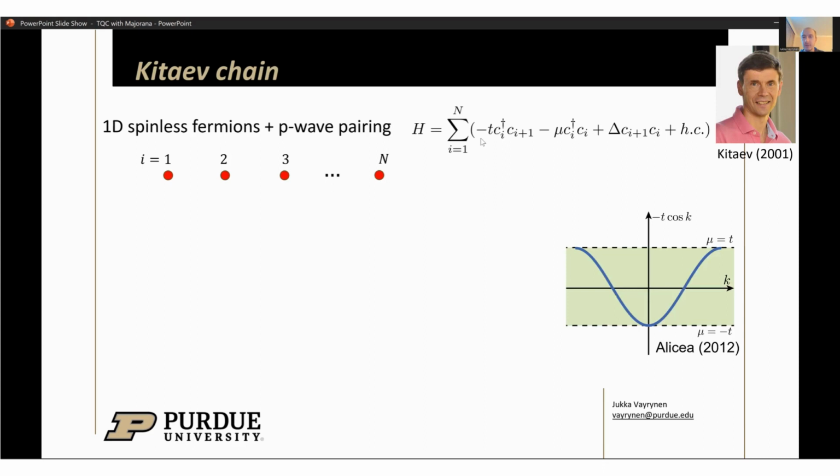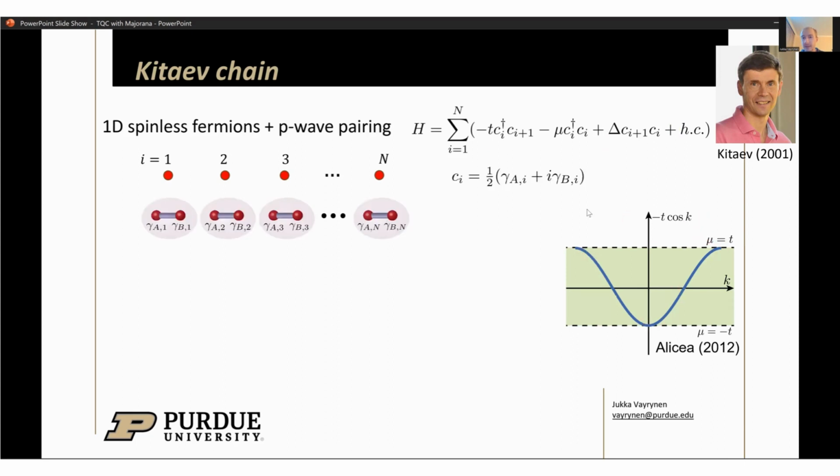So if you put this model, for example, on a circle, or you take an infinite system that's translationally invariant, and you don't put superconductivity, so you set delta to 0, you get this familiar minus t times cosine k dispersion.